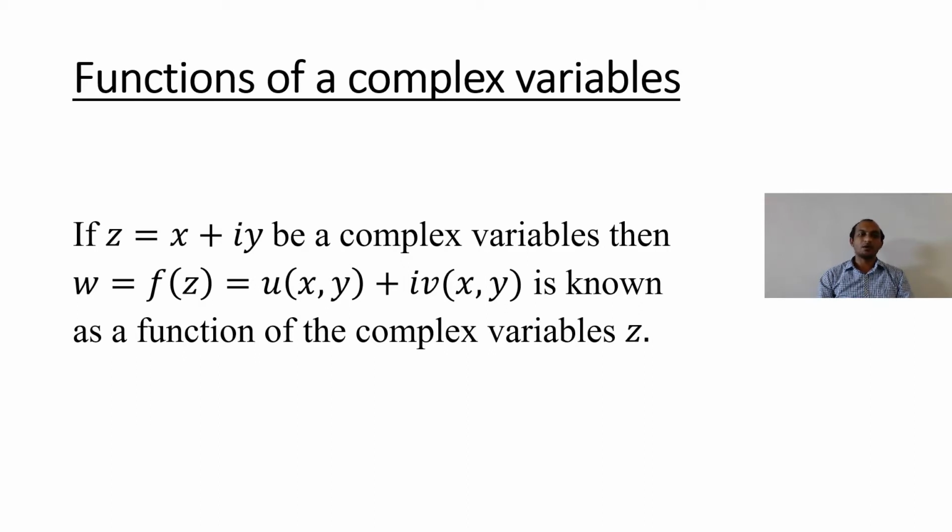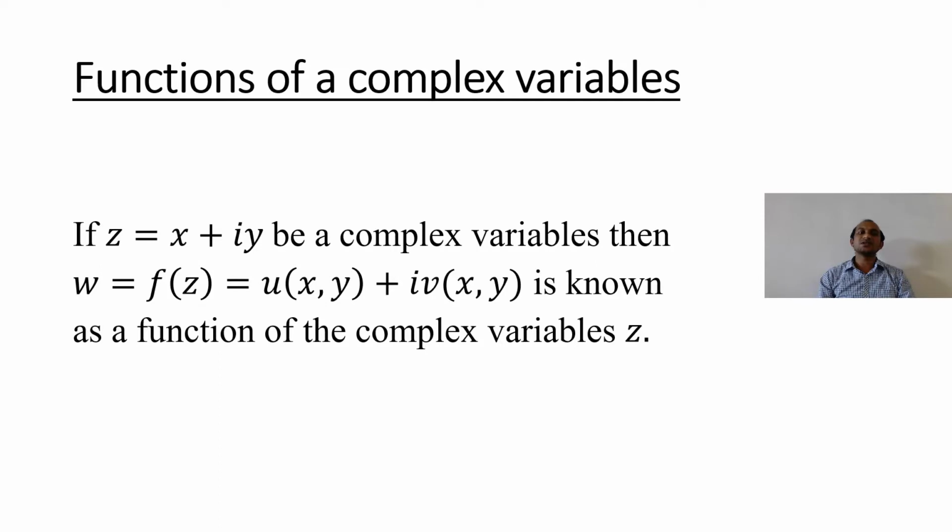Then w equal to f of z equal to u of x, y plus i v of x, y, where u is the real part of w, that means f of z, and v is the imaginary part of w or f of z.